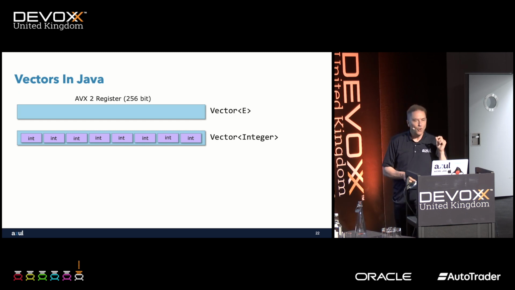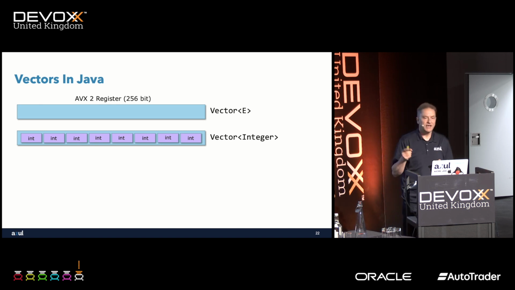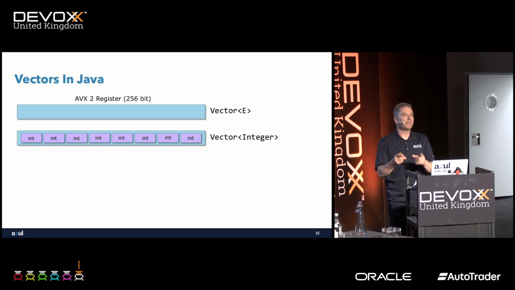One thing to get across from a performance perspective is that because we don't have Valhalla yet, we can't have a vector of ints. We have to have a vector of a real Java type, not a primitive, so in this case a vector of the wrapper class Integer. But the important thing is that there is no boxing and unboxing happening here.